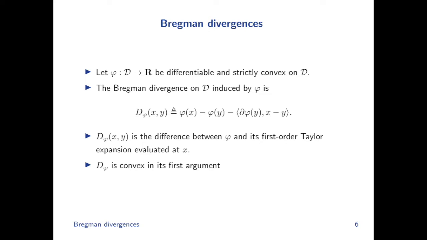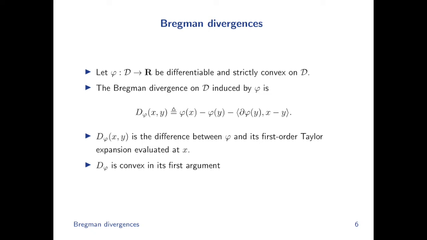And then what you do is you go to the point y and you construct the first order Taylor expansion of this function phi at y, okay? Now, armed with this first order Taylor expansion, you are going to evaluate this first order Taylor expansion at the original point at x. Now, because the function is strictly convex, the first order Taylor expansion will always sit underneath the function itself.